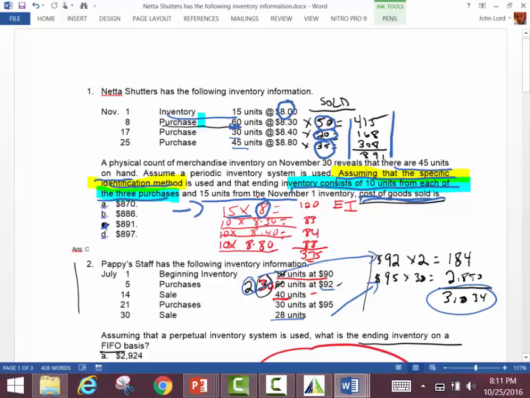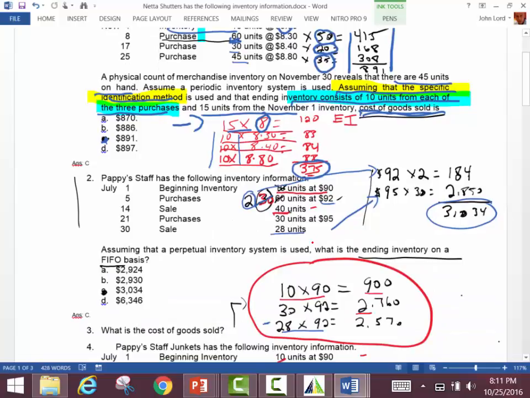Gave me that $8, right? So that's for that one. And then they told me that there was 10 units each for those others, didn't they? So I just said, okay, that means the ending inventory got to be 375. The question didn't ask that. I just decided to go ahead and calculate it, right? Okay?